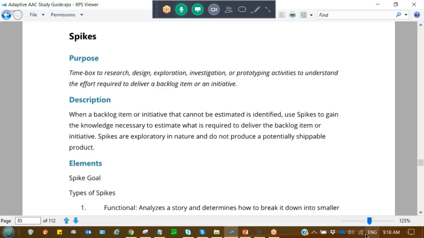There are different types of spikes depending on what we're trying to determine. You can take spikes for story decomposition.